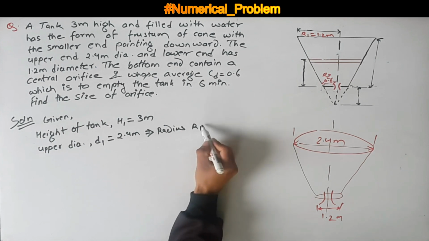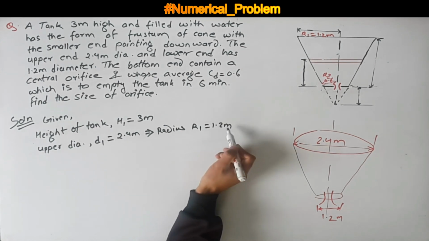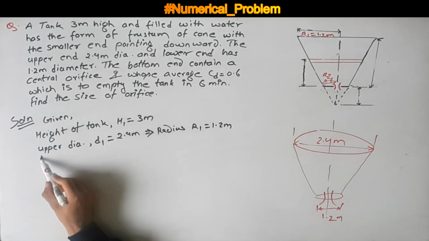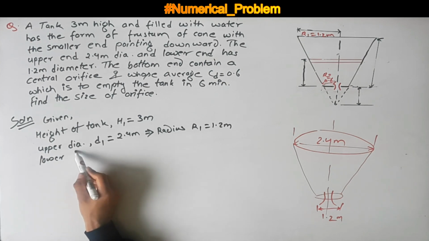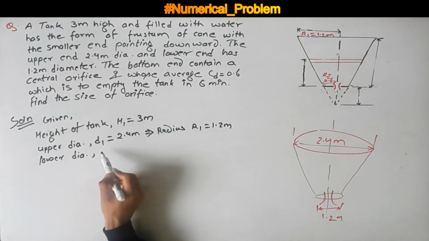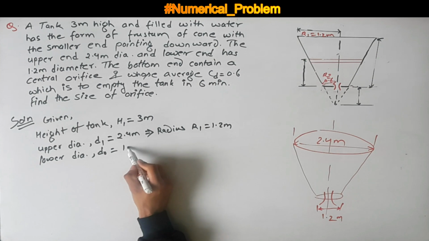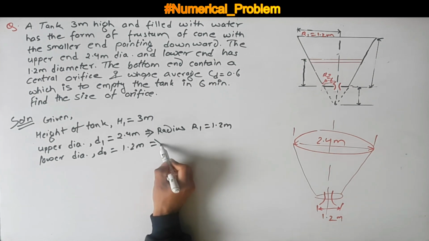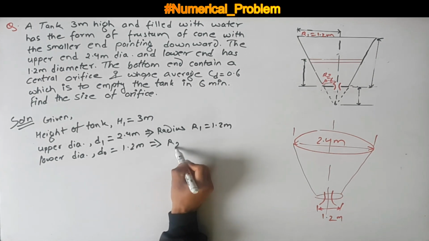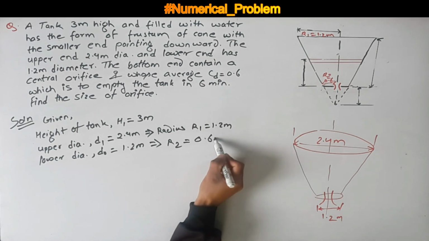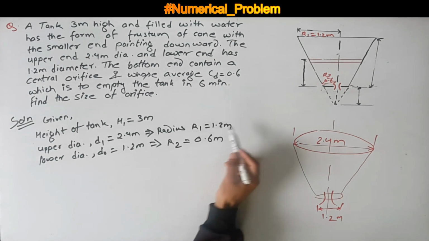This is R1 equal to 1.2 meter. And lower diameter is given, let this be D0, and 1.2 meter is the value, and from here radius R0 is 0.6 meter.